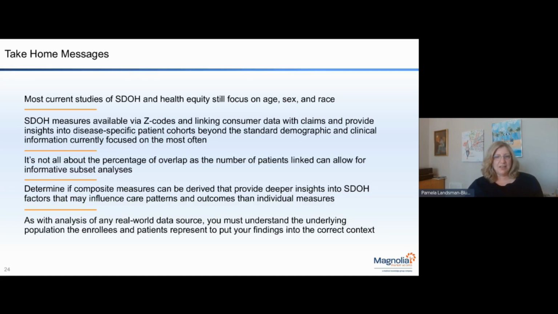And as with any analysis of real-world data, you really need to understand the underlying population of both the enrollees and the patients, enrollees for claims or the patients, who they represent in order to put your findings into the correct context.